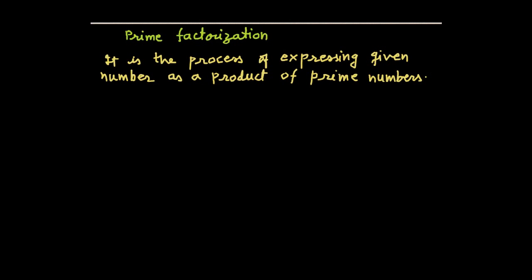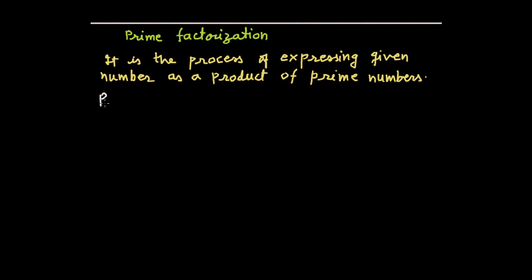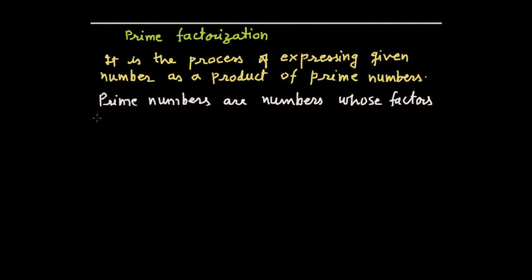Now, what do you mean by prime numbers? Prime numbers are numbers whose factors are one and the number itself.